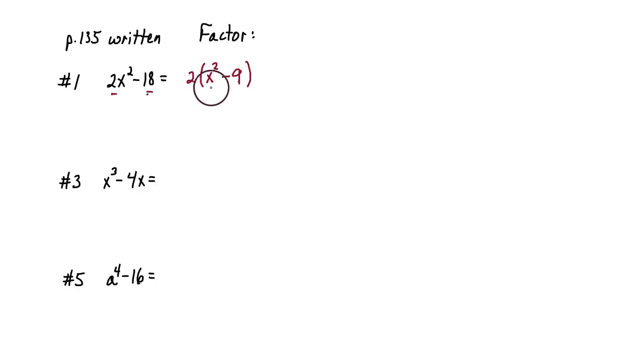Second step, examine that factor to see if it fits a special pattern. And it does. That is the difference of squares. It fits the pattern a squared minus b squared. It's just that the a is an x in our problem, whereas the b is the number 3. So let's follow the factor rule for difference of squares.